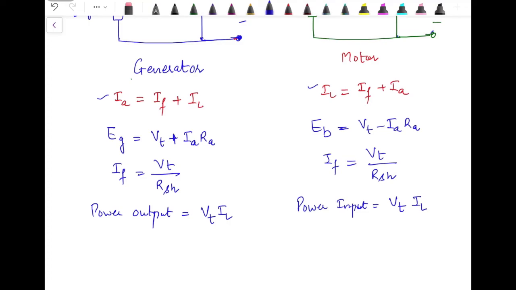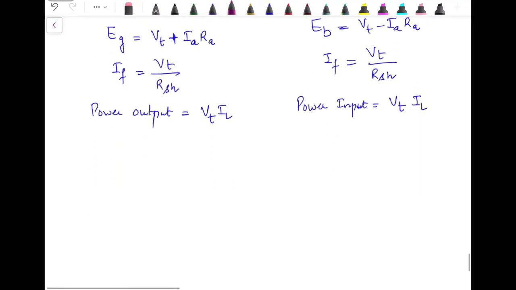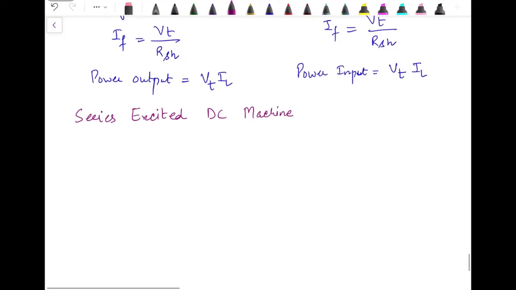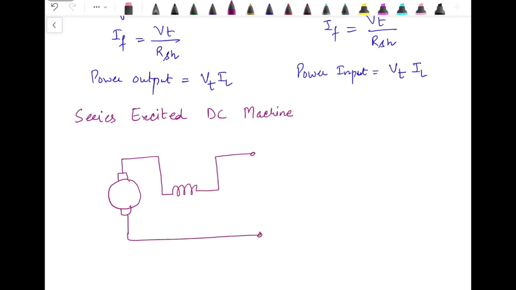Now moving on to the next machine, that is the series excited DC machine. From the name it's clear that the armature and field winding are connected in series.